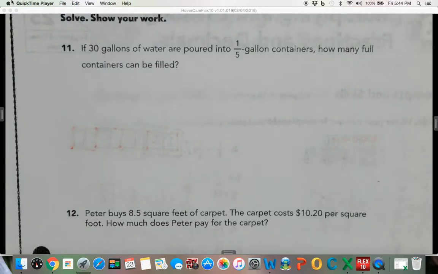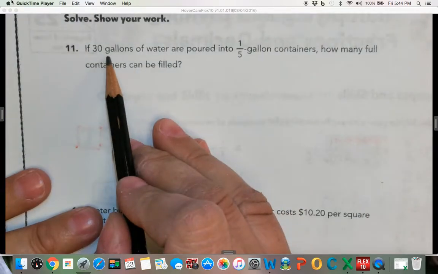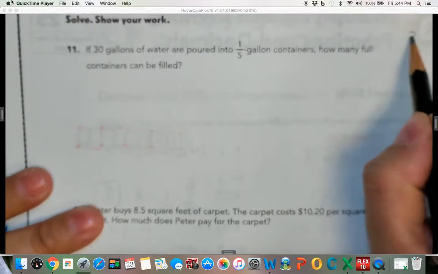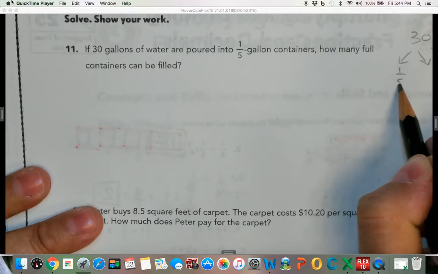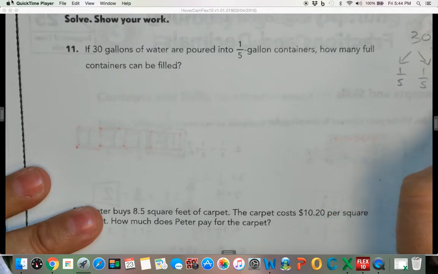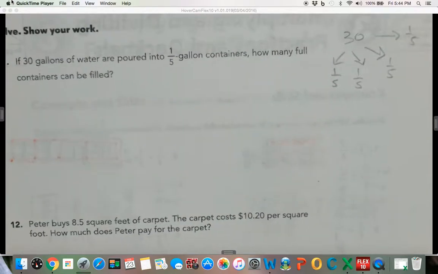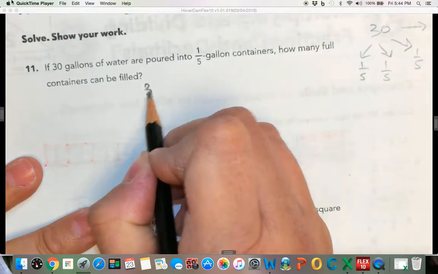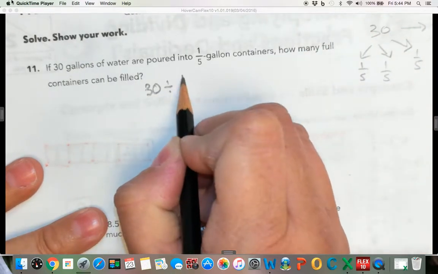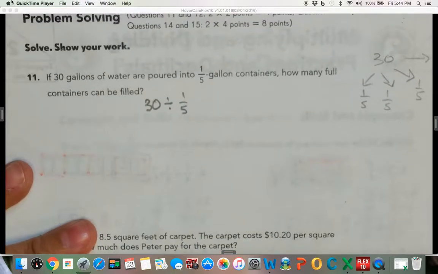So what this question is asking me is that I'm taking 30 gallons, and I'm putting it into a number of 1/5 containers. How many 1/5 containers is it going to take me? So I'm taking the 30, I'm dividing it up into 1/5 gallon containers.